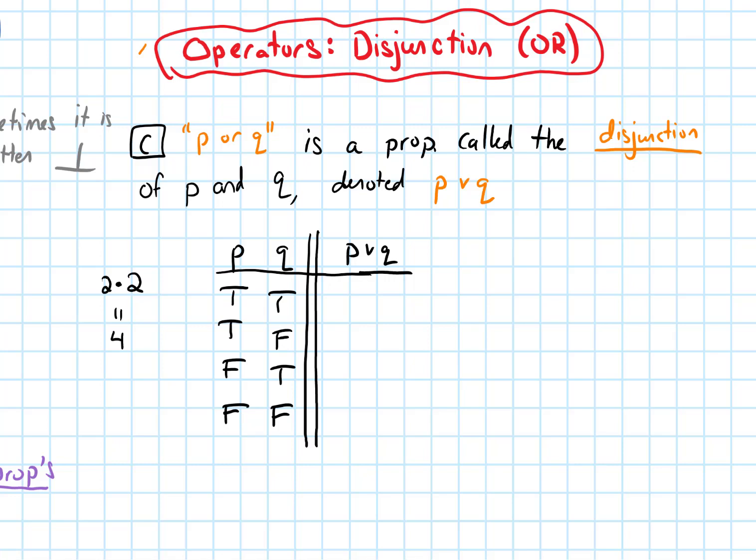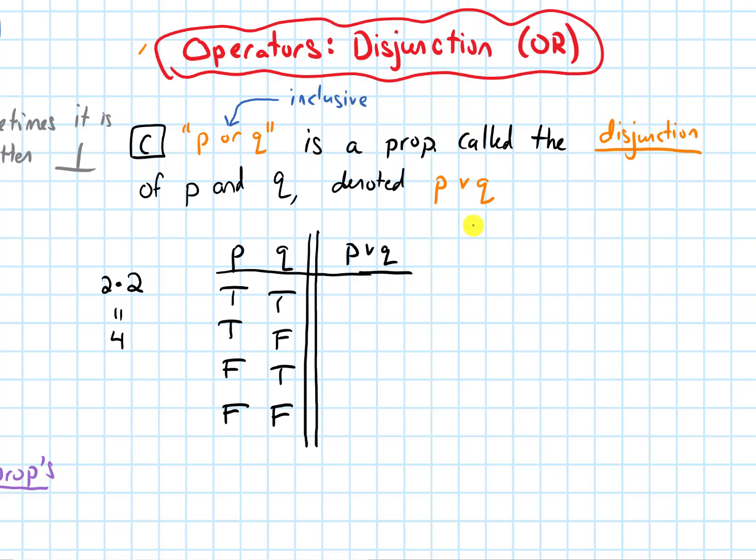So now I've got to think about when P or Q is going to be true. Before I do that, I need to say something important about this OR operator, or this disjunction operator: the word OR is always considered to be an inclusive OR.